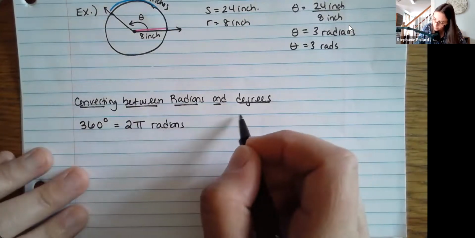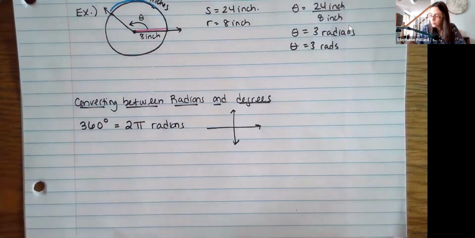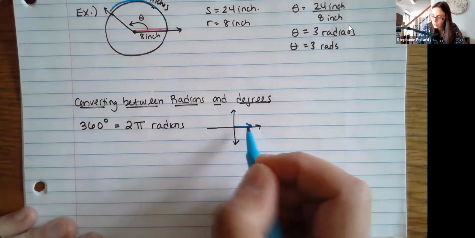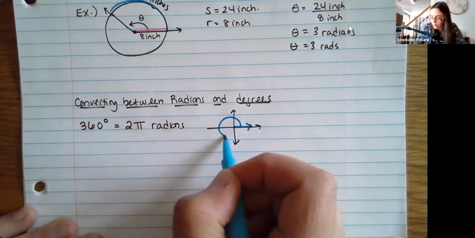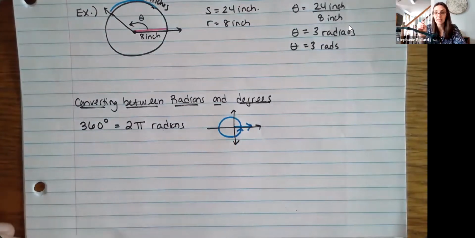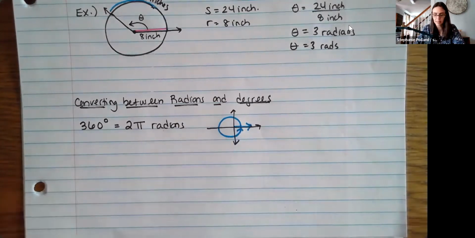And if you think about your XY plane, your initial and terminating side would be the same. So you go all the way around the circle till you get back to your start. So that circle has 360 degrees there.